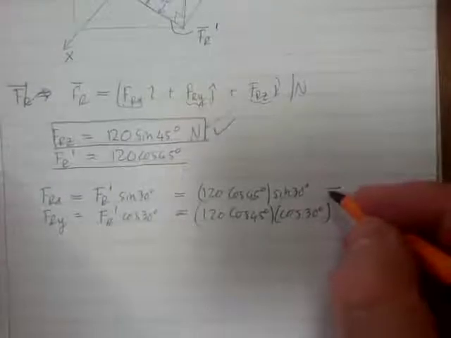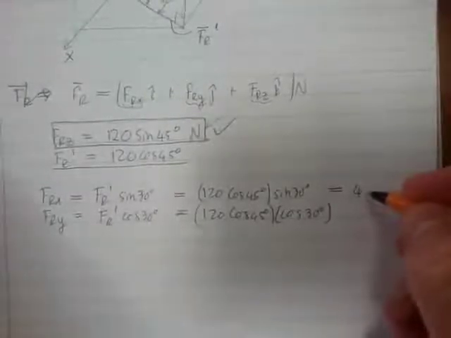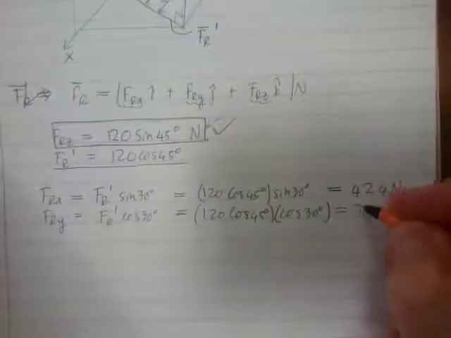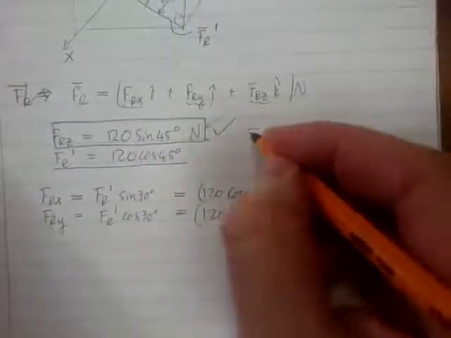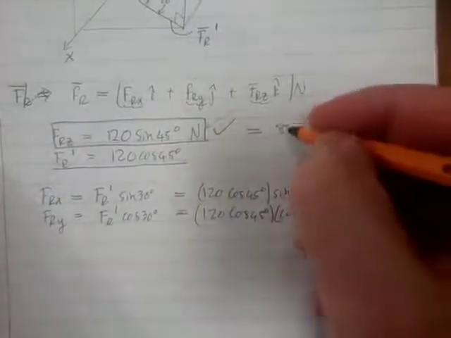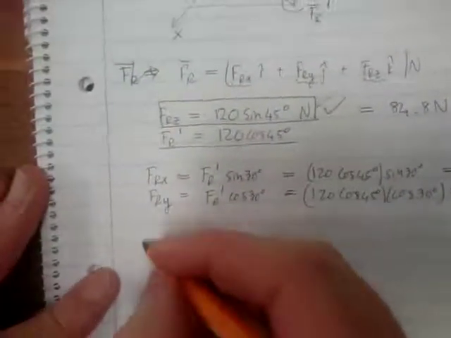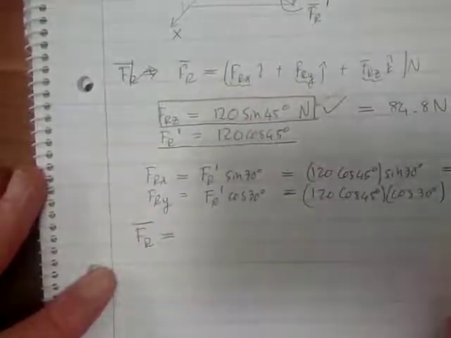Which then equals, let's check here, 42,4 Newton. And this equals 73,5 Newton. And this FRz equals 84,8 Newton.